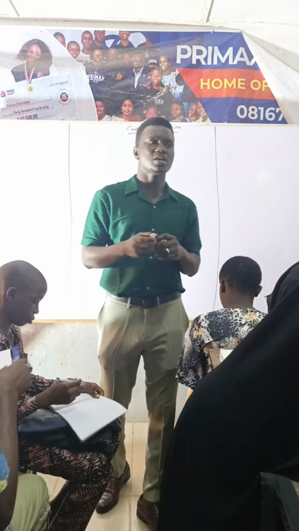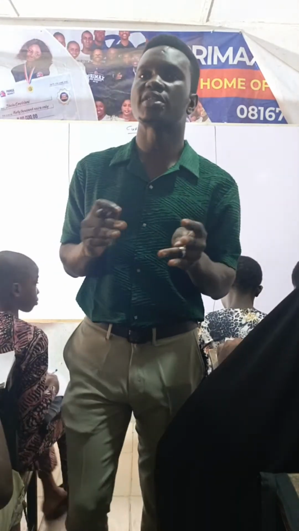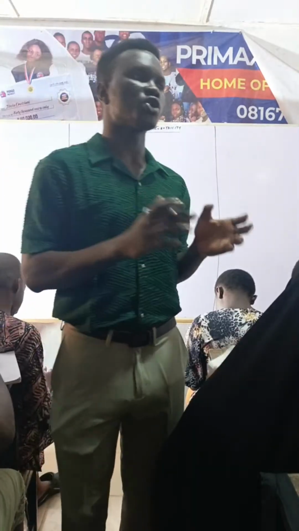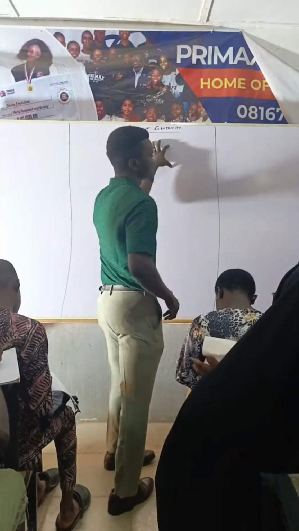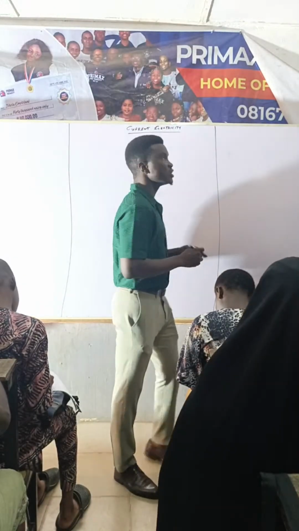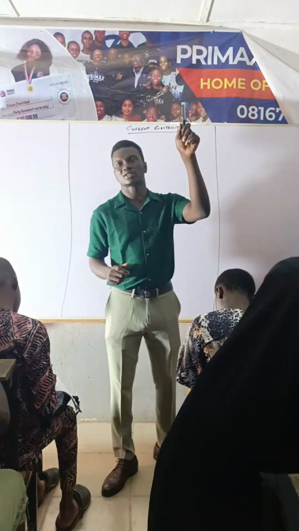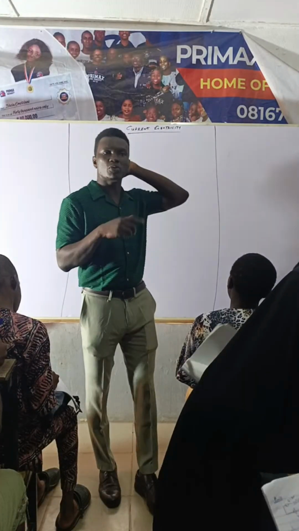So at the beginning of the class, I told you the difference between current electricity and electrostatics. So when you talk about flow of charges, they are talking about current electricity. Now, this bulb is able to come on only because charges are flowing. If the charges are not flowing, the bulb will not come on.